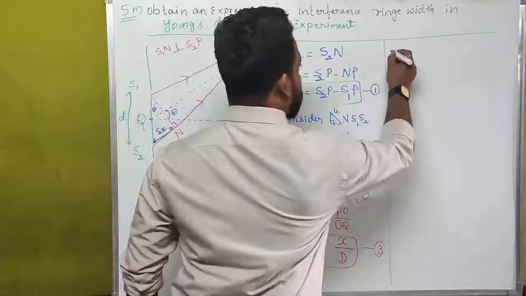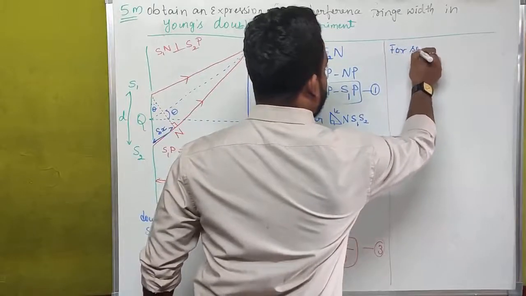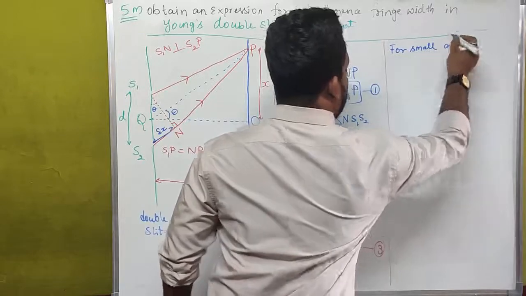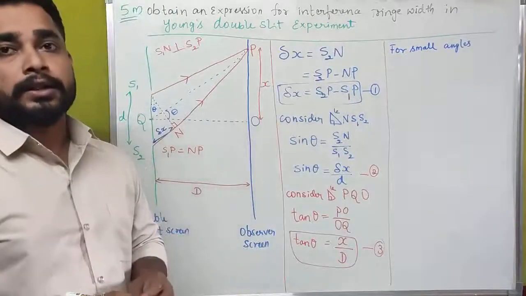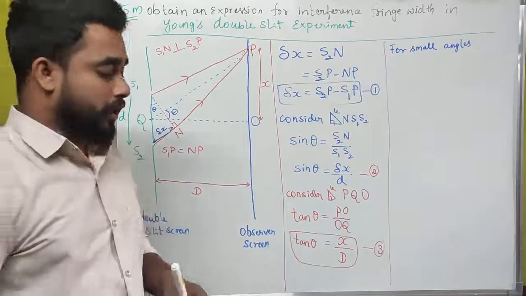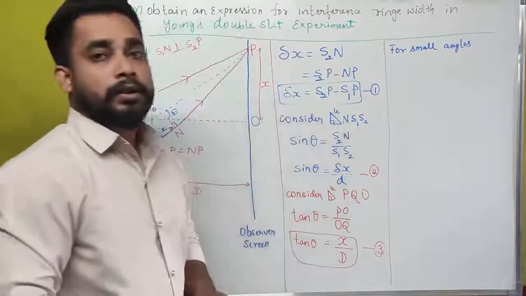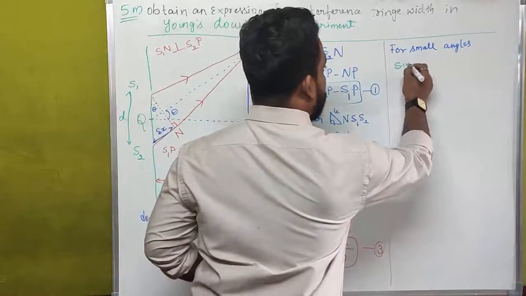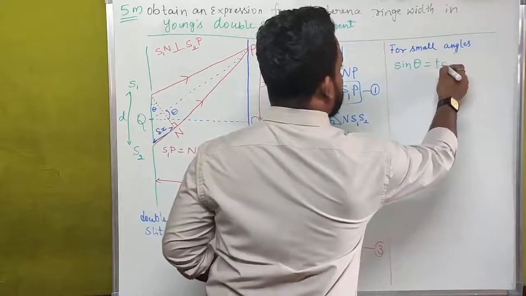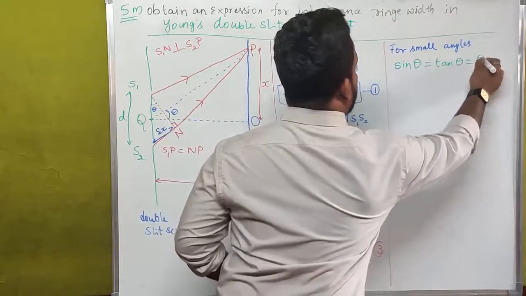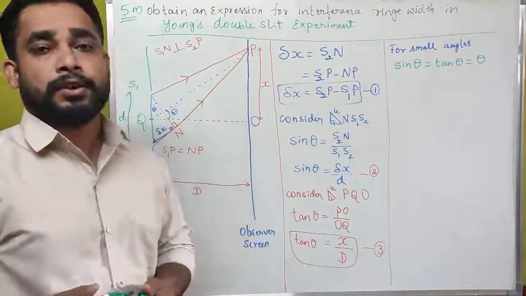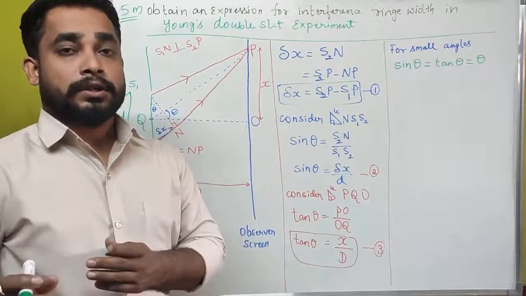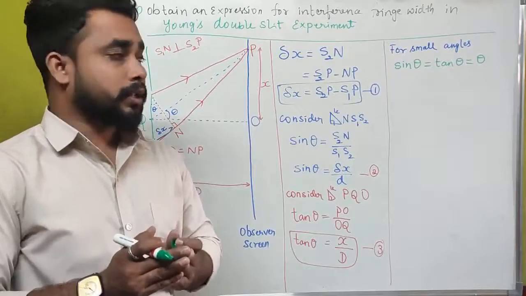For small angles, sin theta and tan theta are equal to theta only. Because sin 0 is equal to 0, and 0 is a small angle.